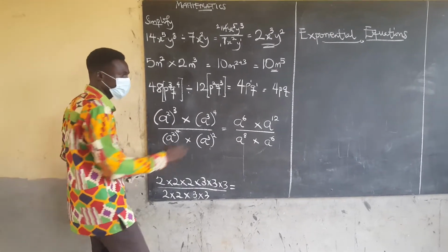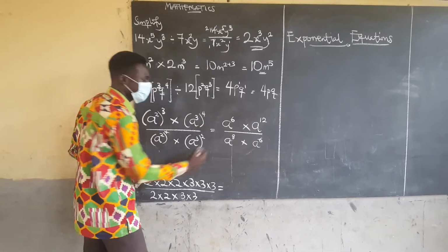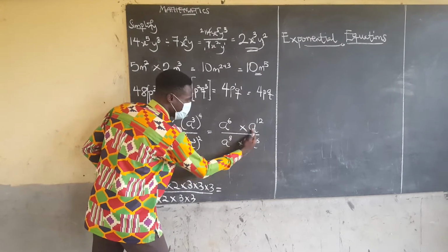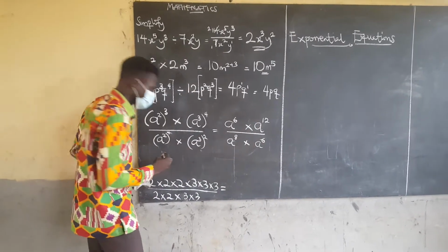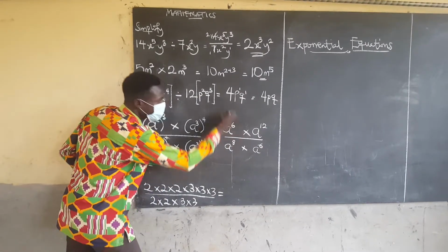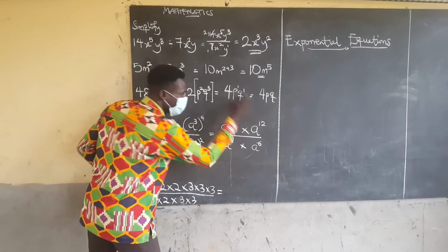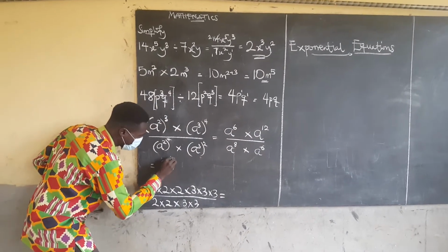From here, when you look at the numerators, we can say the bases are the same, and you are multiplying. What do we do? Add the powers. So I'm going to add a raised to the power 6 plus 12. And 6 plus 12 will give me 18.